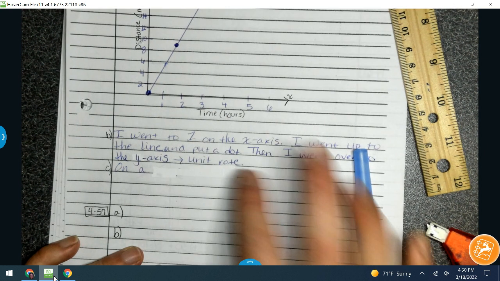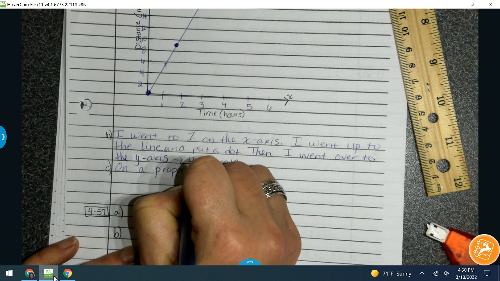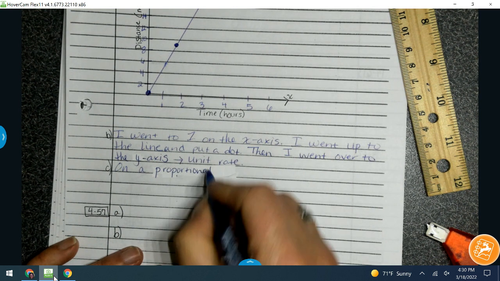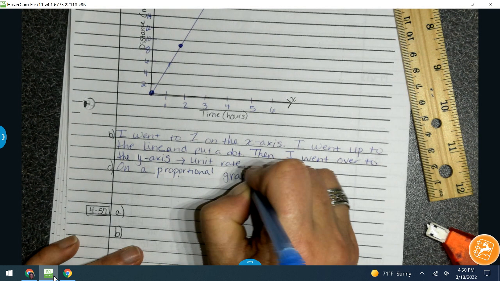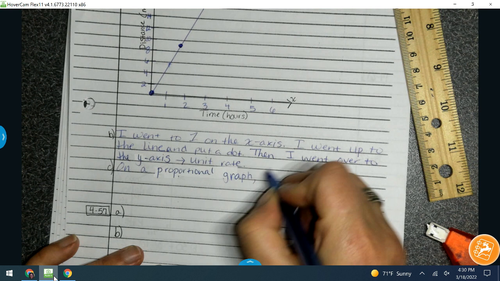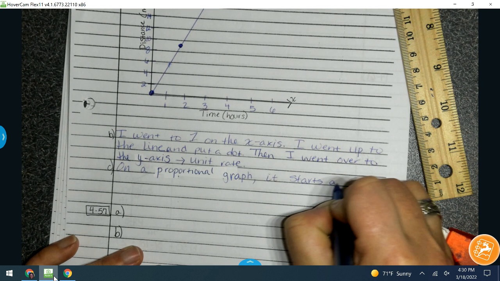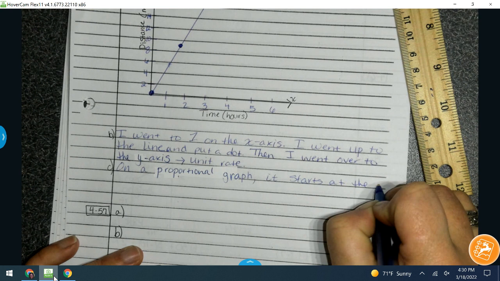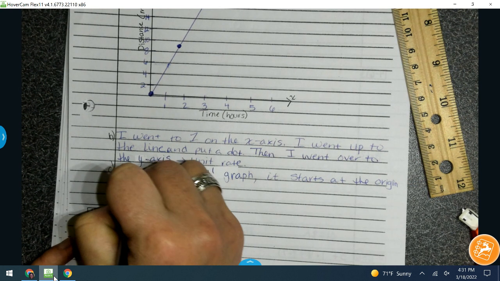Okay. Proportional. Oh, that looks better. Graph. It starts at the origin, which is at 0, 0.